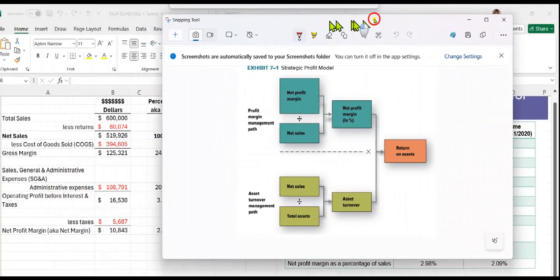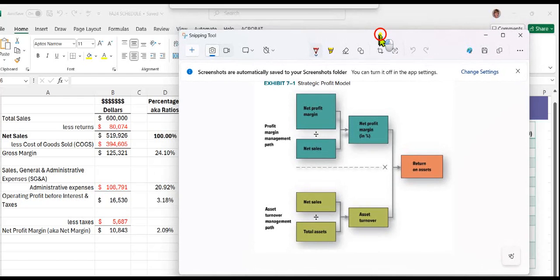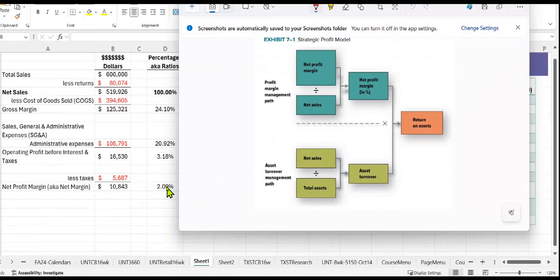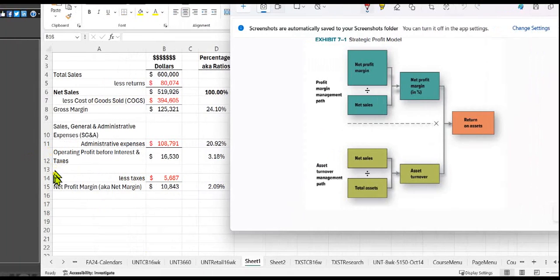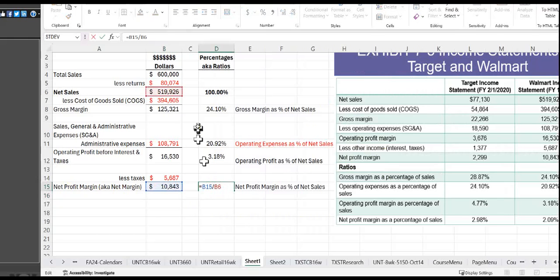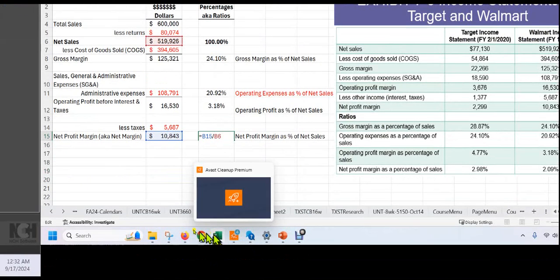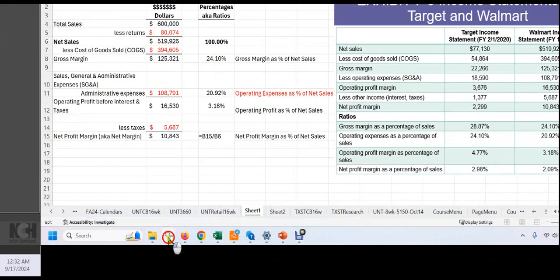Okay, so let me tell you where that number is. Net profit margin as a percentage. That's what this is. 2.09%. Because we got net profit margin as a percent of sales. Net profit divided by net sales. That's exactly what that picture is showing us.